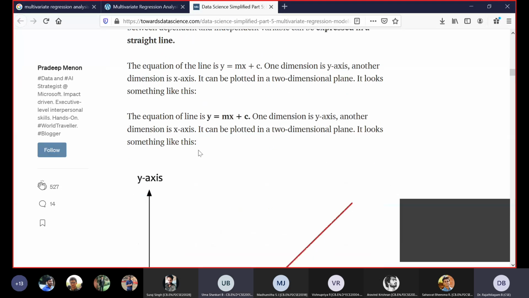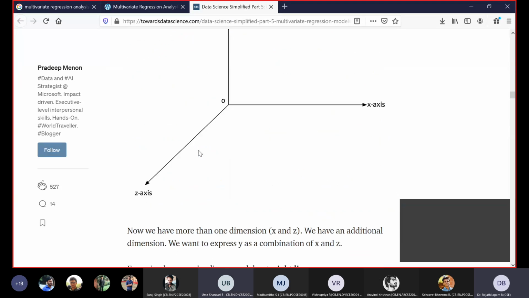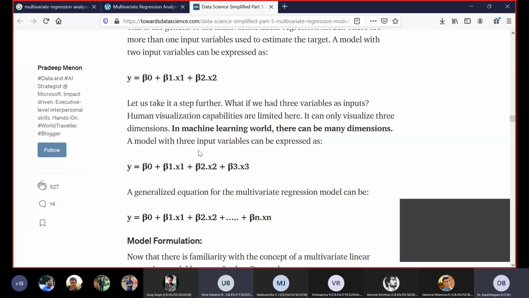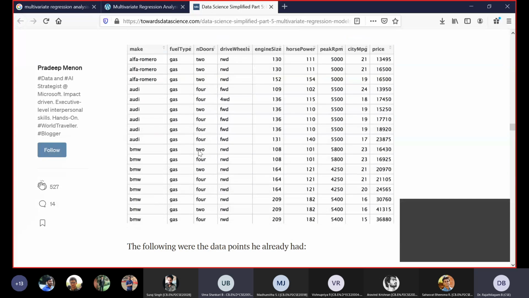Now, if you want to look at more values, so let us just look at this example where you have a full-fledged data set. What is the make of the car? What is the fuel type? Number of doors? What about the wheels?